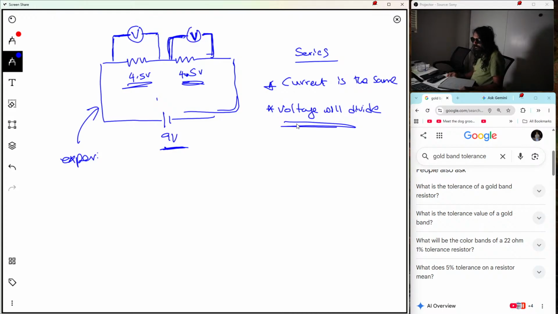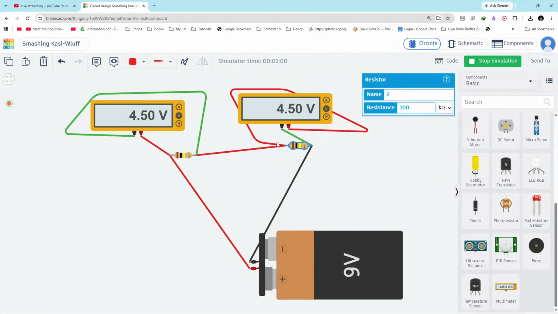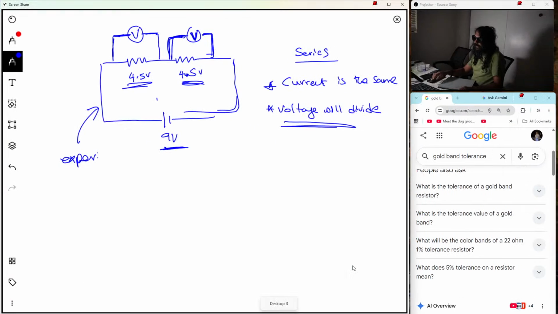So that is what is going to happen. If we add another resistor, suppose that you had another 100k ohm resistor, what will happen? 9 volts, right? Now if we had another resistor, let's say somewhere here we had another resistor which is also 100k, 100k and 100k, and the voltage across this resistor will be what?